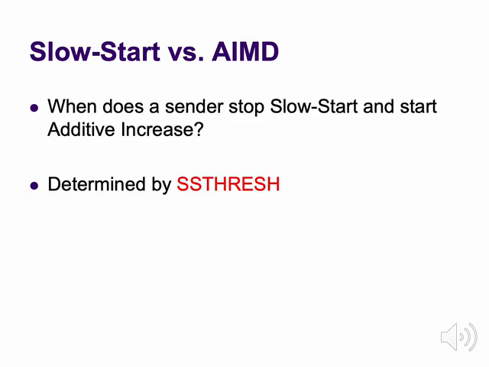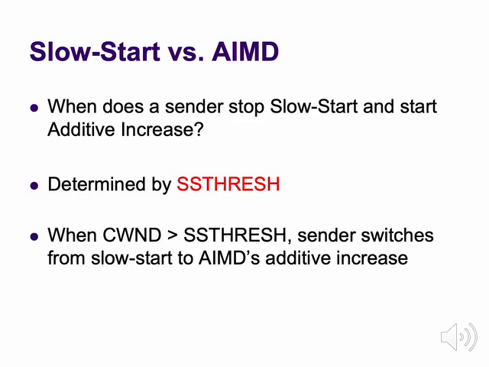Okay. So when your congestion window exceeds your SSTHRESH value, that is when the sender is going to switch from increasing its rate as per slow start to this more gentle additive increase that we have in AIMD. And let me repeat that one more time. What is the sender going to do in this case? The sender has started out with a CWND of 1. It's going to do this very exponential increase of slow start.